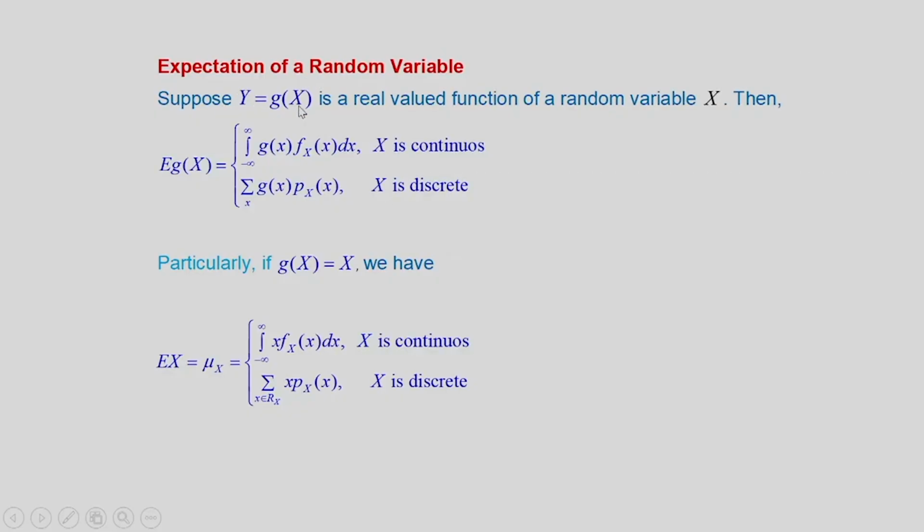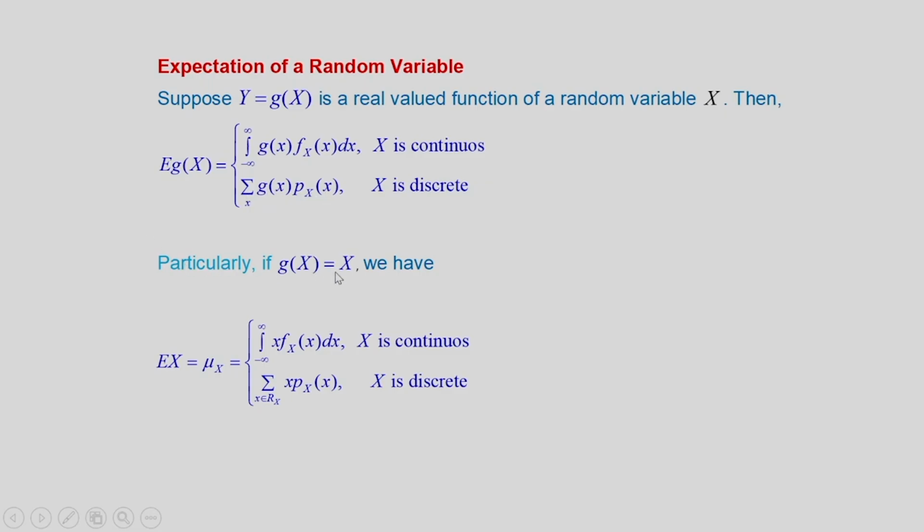Suppose y is equal to g(x), a real valued function of a random variable x. Then E of g(x) is defined by the integral of g(x) into the PDF of x, dx, if x is continuous, and this is a summation if x is discrete. So, in the case of discrete, summation over x of g(x) into the PMF of x.